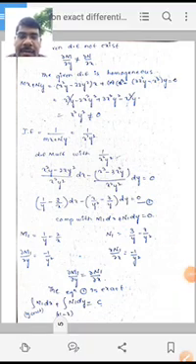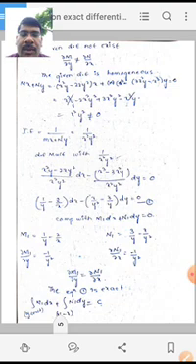Here (x²y − 2xy²) by x²y² dx minus (x³ − 3x²y) by x²y² dy is equal to 0. Simplifying, we get (1/y − 2/x)dx − (x/y² − 3/y)dy equal to 0.